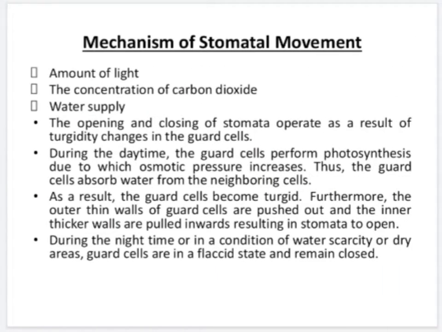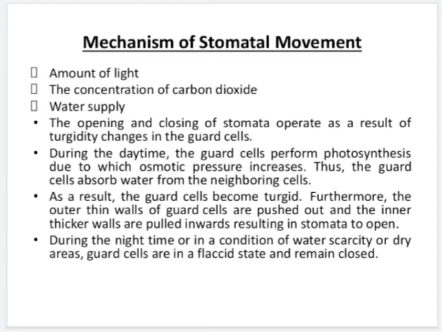Mechanism of stomatal movement. The factors which affect stomatal movements are amount of light, carbon dioxide concentration and supply of water. The opening and closing of stomata operate as a result of turgidity changes in the guard cells.